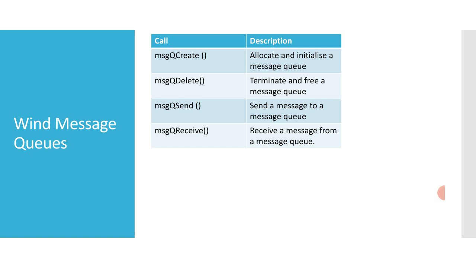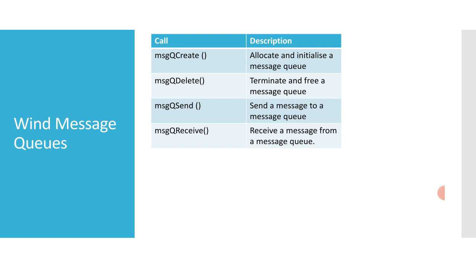A task or ISR sends a message to a message queue with msgQSend. If no tasks are waiting for messages on that queue, the message is added to the queue's buffer of messages. If tasks are waiting for a message from the message queue, the message is immediately delivered to the first waiting task. A task receives a message from a message queue with the msgQReceive method.